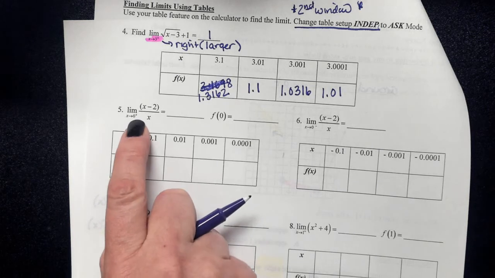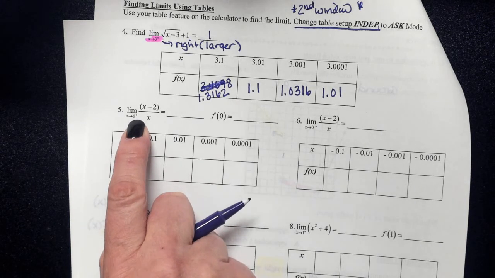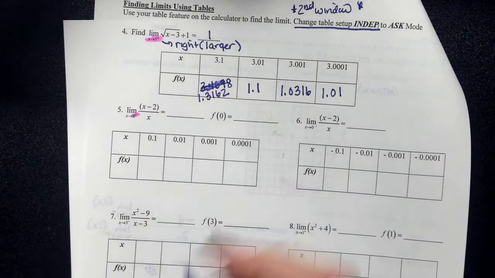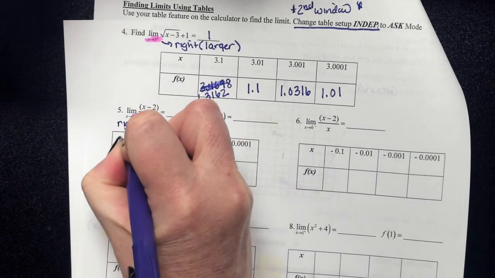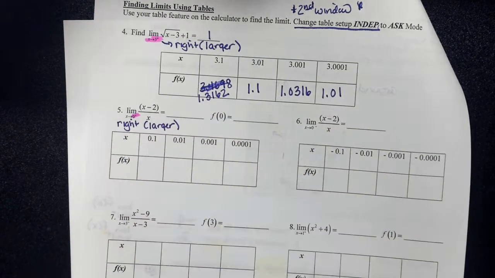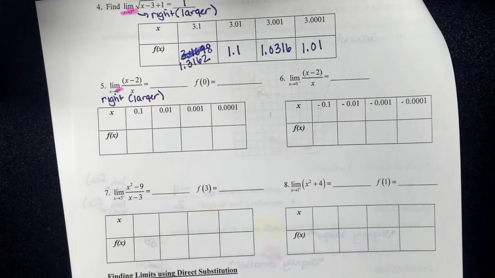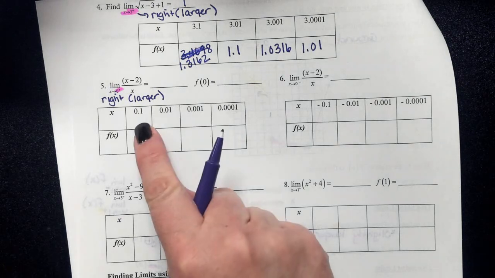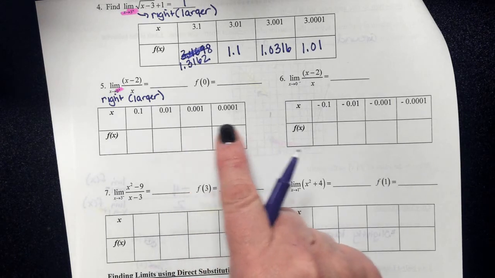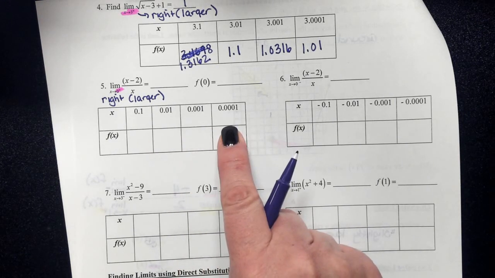Again, I have that plus exponent. So what side am I coming from, the left or the right? To the right. So I want to look at x values that are slightly larger than 0. So if you look at my table, you see I filled out x values that are slightly larger than 0: 0.1, 0.01, 0.001, 0.00001.